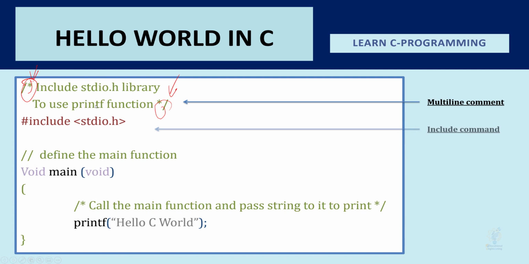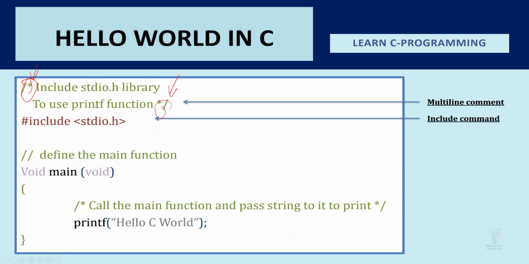Now, the second thing here is the include command. When you want to include any file, any library, or anything inside your C program, you must use #include. This is called #include. Usually it is followed by these signs and the name of the thing that we want to include.